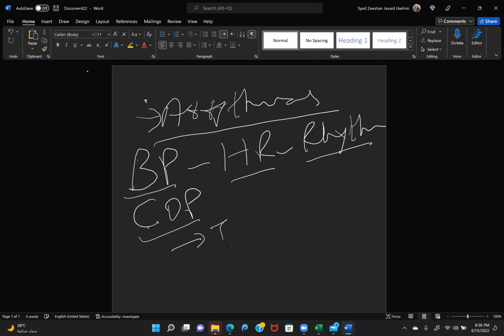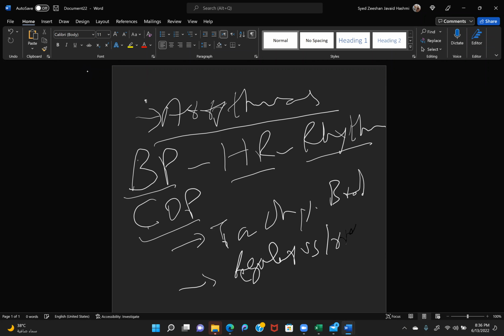For example, if you divide it into tachy or brady, this will be one thing, and regular versus irregular. If you classify these two things, then stable versus unstable.